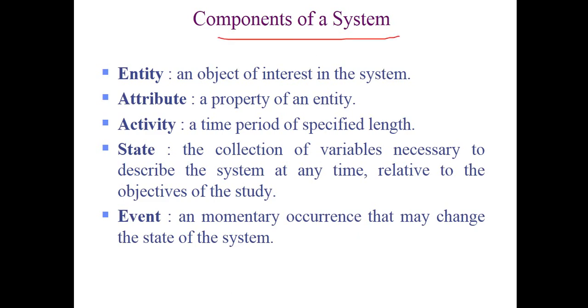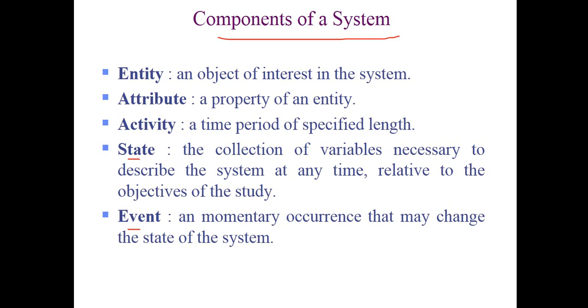That means if there is a system, it needs to have some components to explain how the system works or how the system will act. So first of all, entity, attribute, activity, state and event. So what is entity? An entity is an object of interest of the system. Whatever the main interest of the system is, it is called the entity.